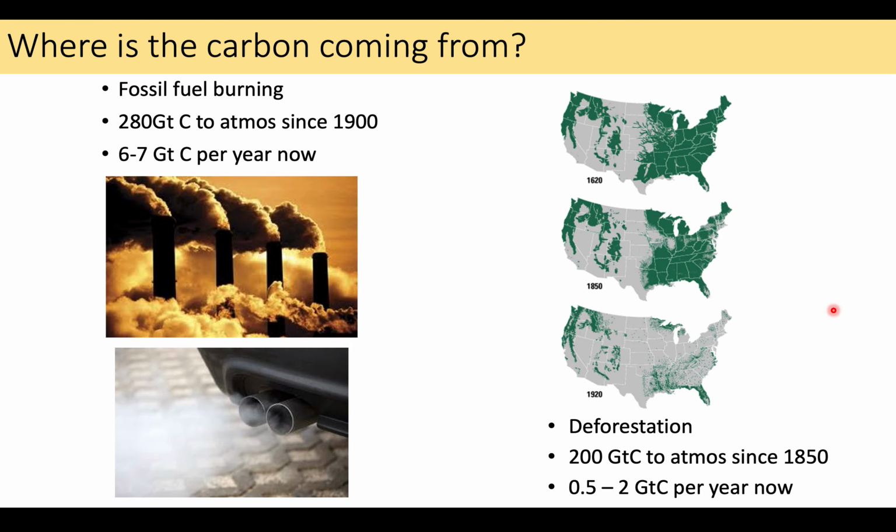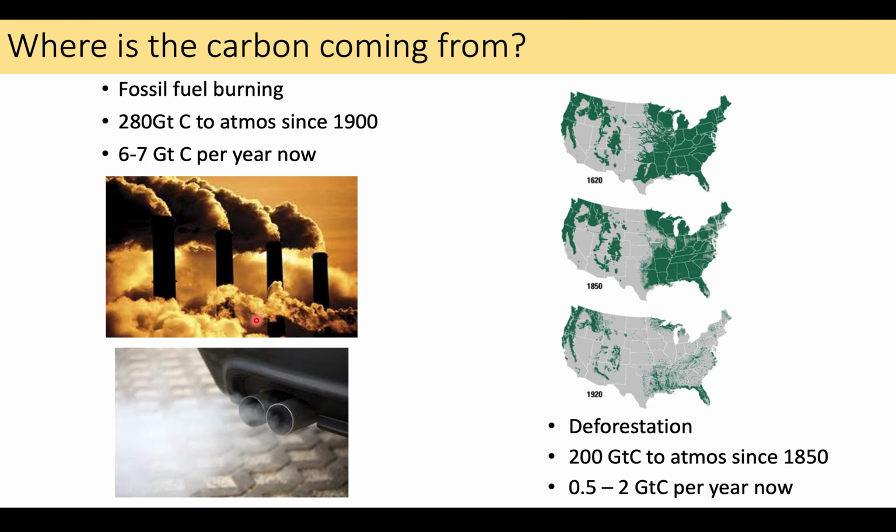Deforestation has been pretty horrible because trees remove carbon from the atmosphere. Trees need carbon dioxide. So when there are a lot of trees, we will have a lot of carbon dioxide removed from the atmosphere. If we get rid of trees with deforestation, that carbon dioxide is no longer being removed.